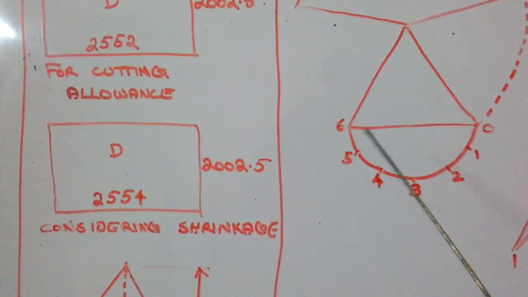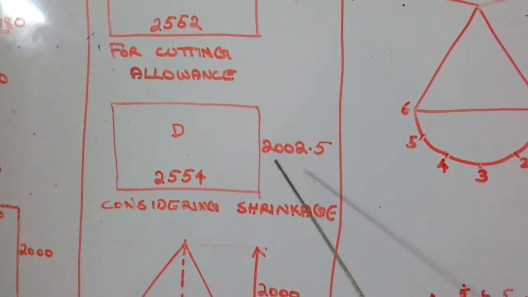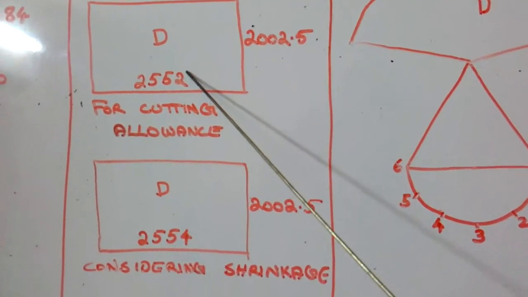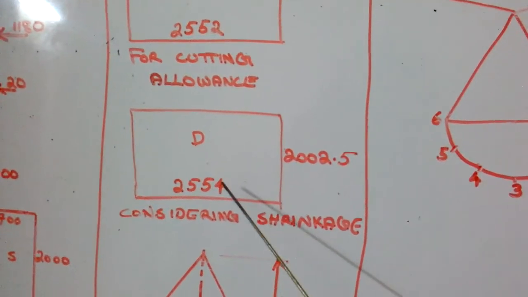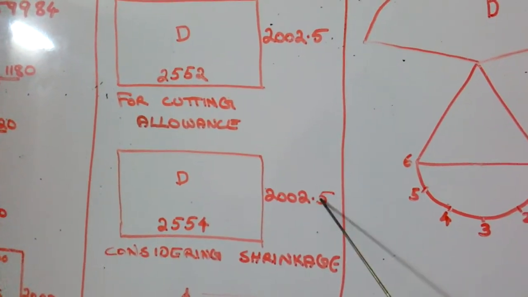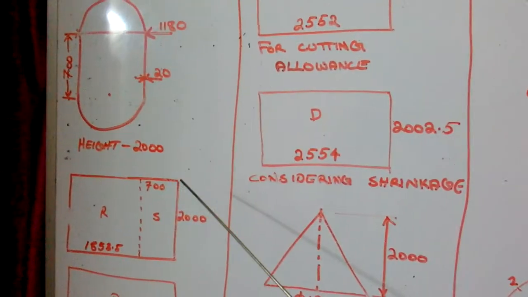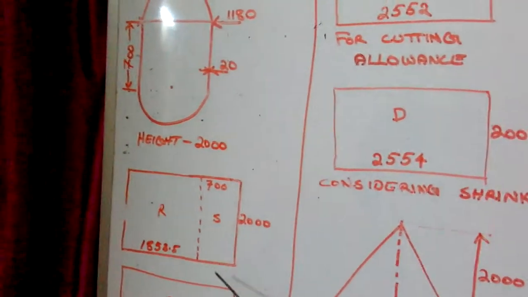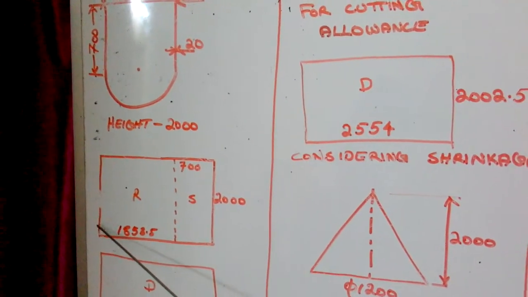So finally we took the decision. For making this kind of job, shrinkage is there. 2552 isn't a good measurement, and we have to add 2 mm to that one: 2554. In 2002.5, there is no need for us to add because no welding comes in this portion. Because of that, there is no shrinkage, and there is no welding on its bottom side either, so no shrinkage.